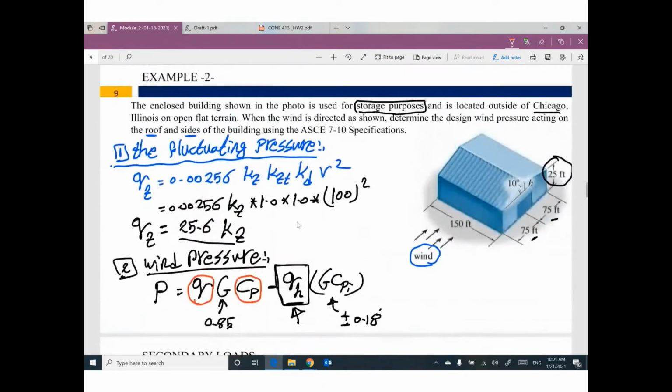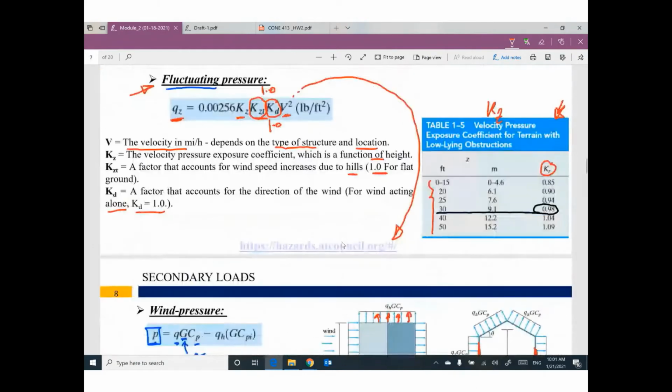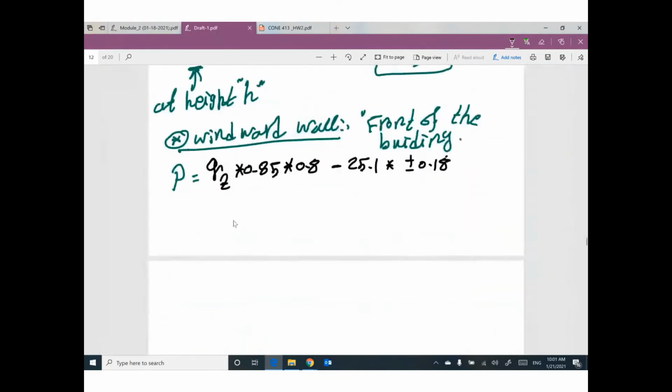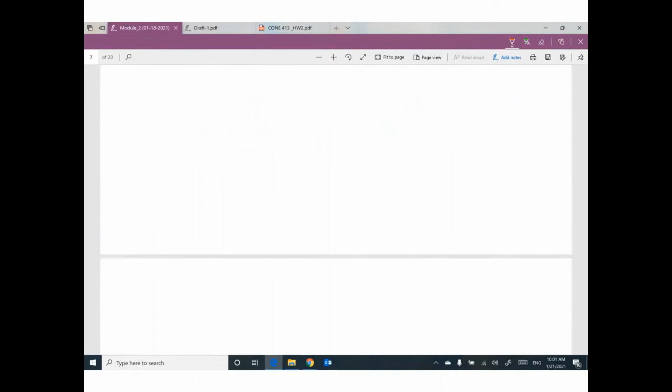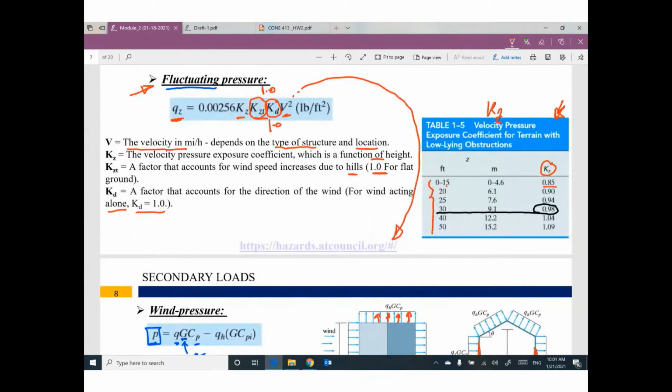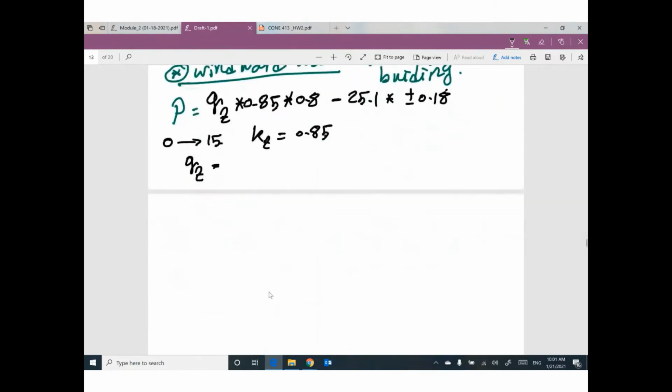For elevation 0 to 15, KZ equals 0.85. So QZ will be 25.6 times 0.85.